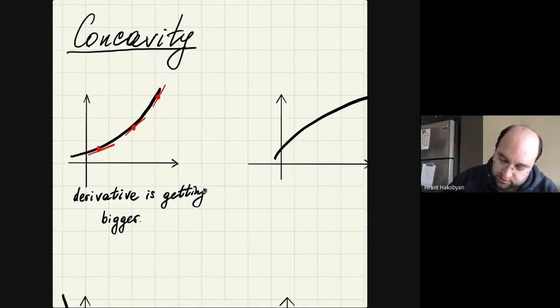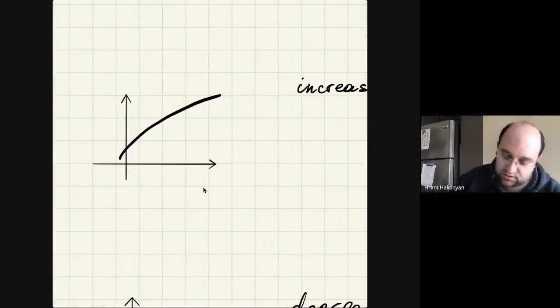In this other example, the opposite is true. Let's again take some points. Say, this point here, and the slope is some number, and then here the slope is smaller, and here it's even smaller.